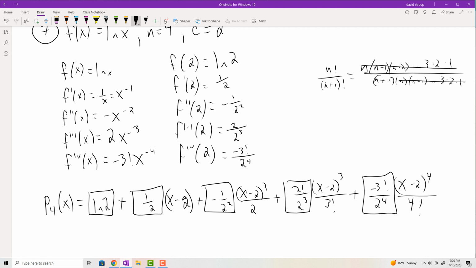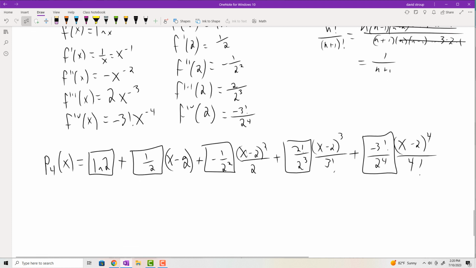This all cancels, and you got 1 over n plus 1. So stuff like 2 factorial all over 3 factorial, that's just going to equal 1 over 3. And the next term we had 3 factorial all over 4 factorial, that's just going to be 1 over 4. So hopefully that's kind of clear.